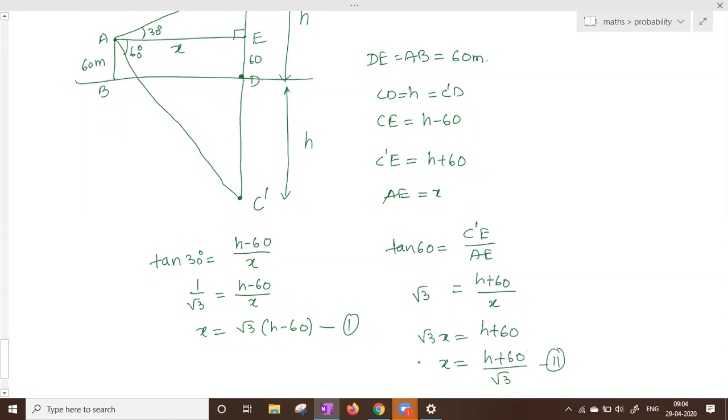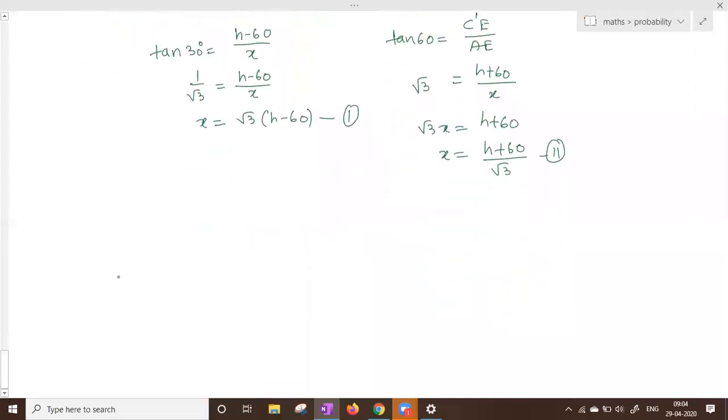This is the second equation. Both are the values of X, so we have to equate them. Root 3 into H minus 60 is equal to H plus 60 by root 3. So this root 3 will go this side. Root 3 into root 3 will become 3. 3 into H minus 60 is equal to H plus 60.